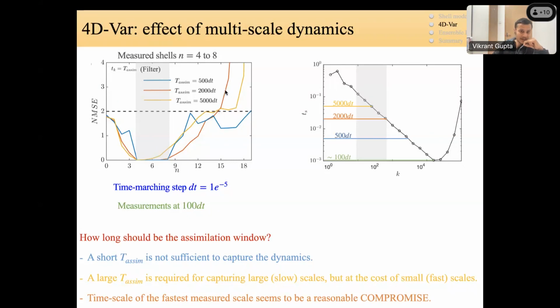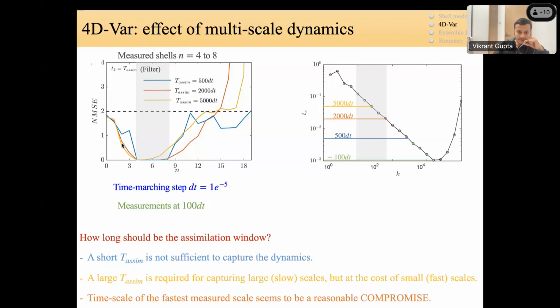When the error is higher than 2, it means that we are failing to even predict statistically the intermittent shells. The result I show here is the filter, which means it is at the end of the assimilation window. So what we see is that when we use a very small data assimilation window, we are not able to estimate beyond what we already measure.